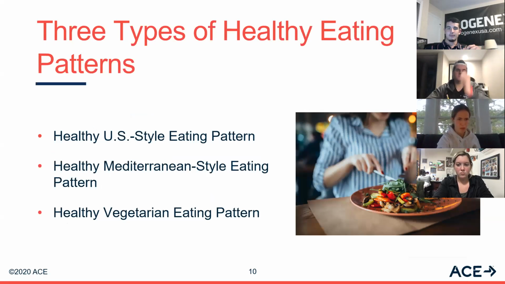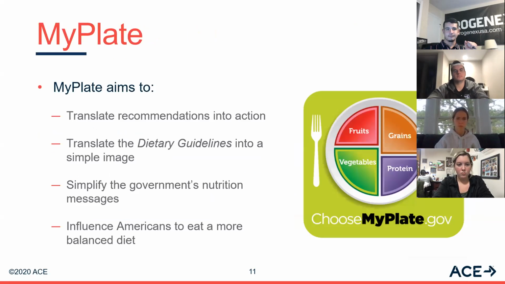So here's just some 3 types of healthy eating patterns. This is kind of a weird slide in my opinion, but here it is. So the government has what's called My Plate, choosemyplate.gov. And this is something that you can point people towards if they really keep pestering you about nutrition advice, and you got to be able to tell them something.